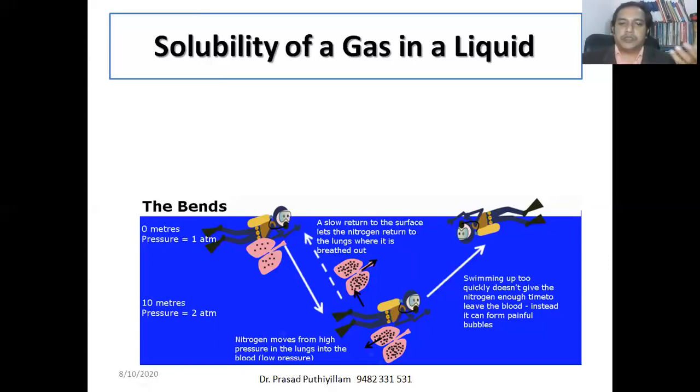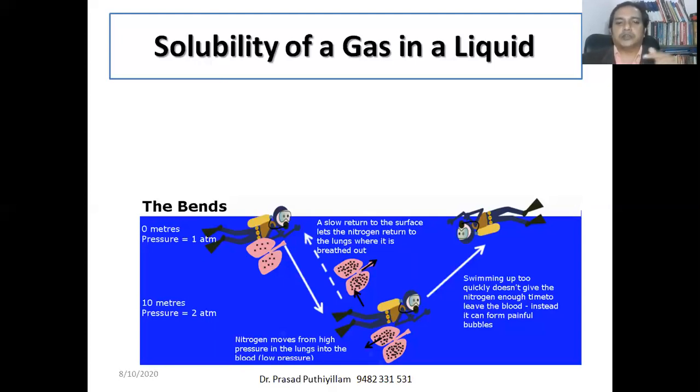So whatever nitrogen is present will try to dissolve more in our bloodstream. Because the pressure is increased, the nitrogen can now dissolve easily in our bloodstream. Oxygen will also dissolve, and the nitrogen as well.